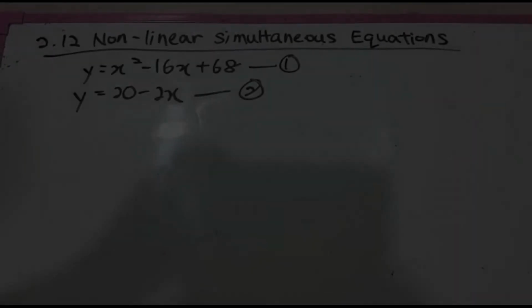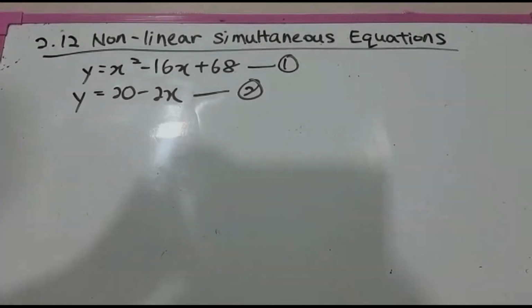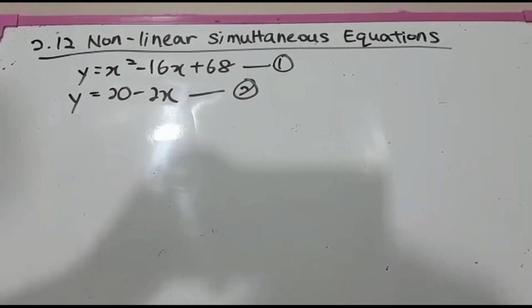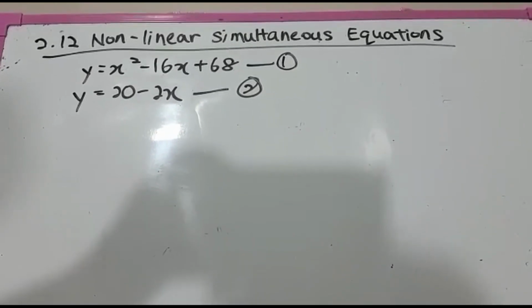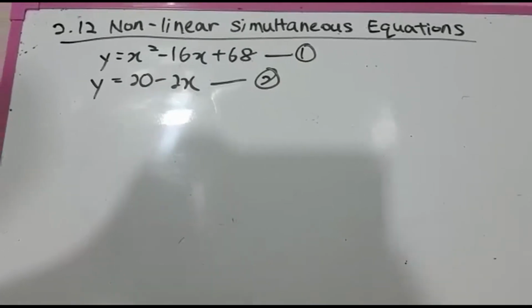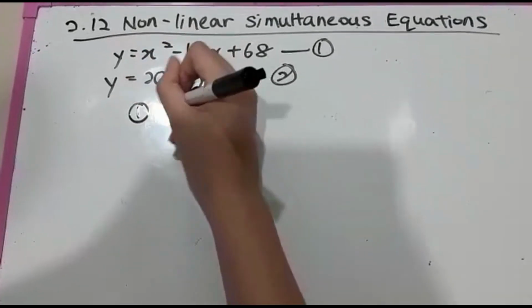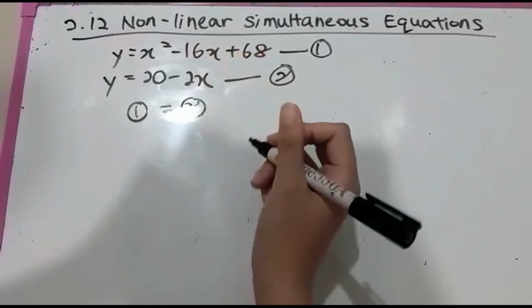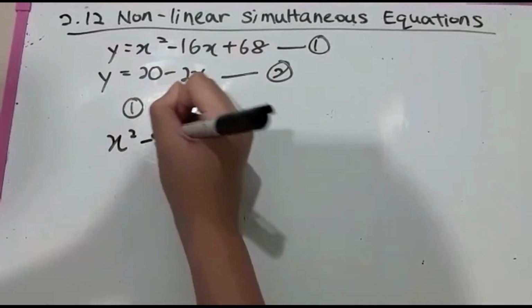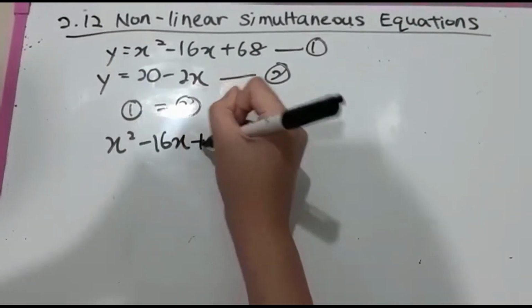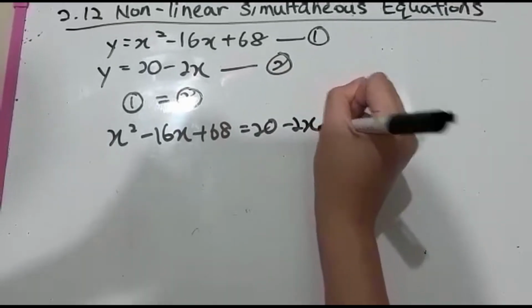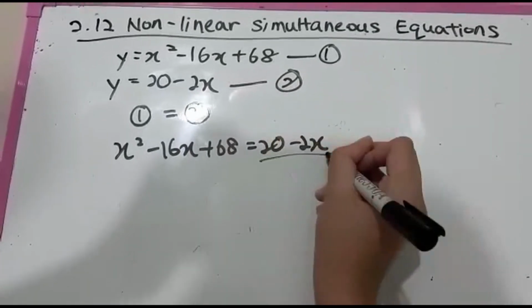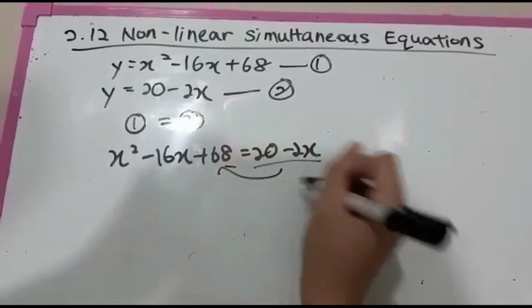Now let's look at the nonlinear simultaneous equations. Over here we have two different equations, and from here we can know that the two equations are both equal to y. So we can also say that the first equation is equal to the second equation. And now we need to move this side to the other side to make this side become 0.